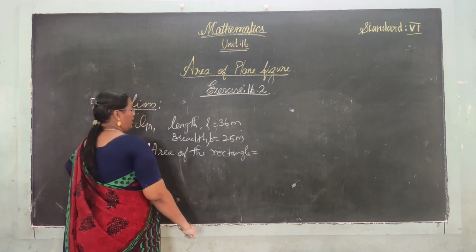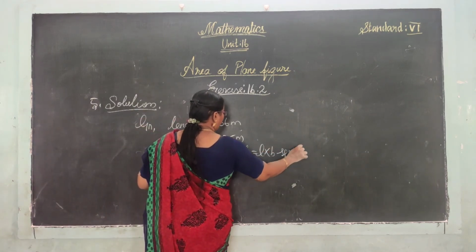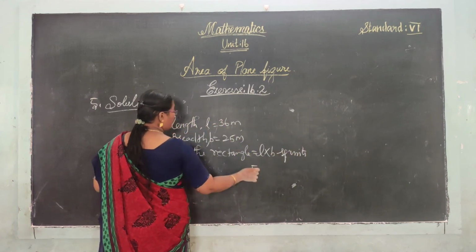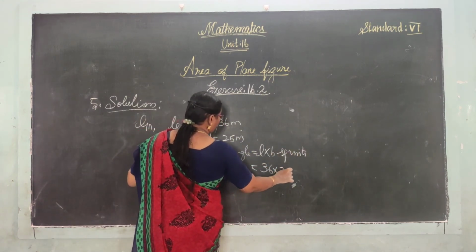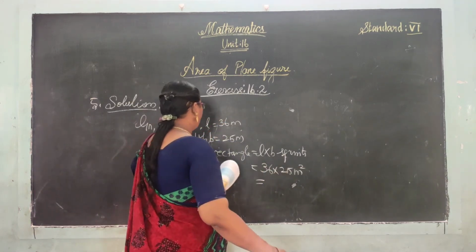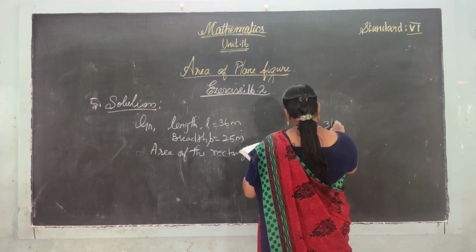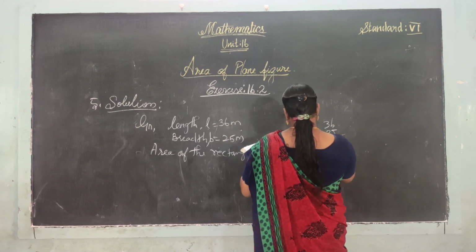What is the formula for area of the rectangle? L into B square units. So here L value was 36, B value was 25. So meter square. Now multiply 36 into 25. Okay.